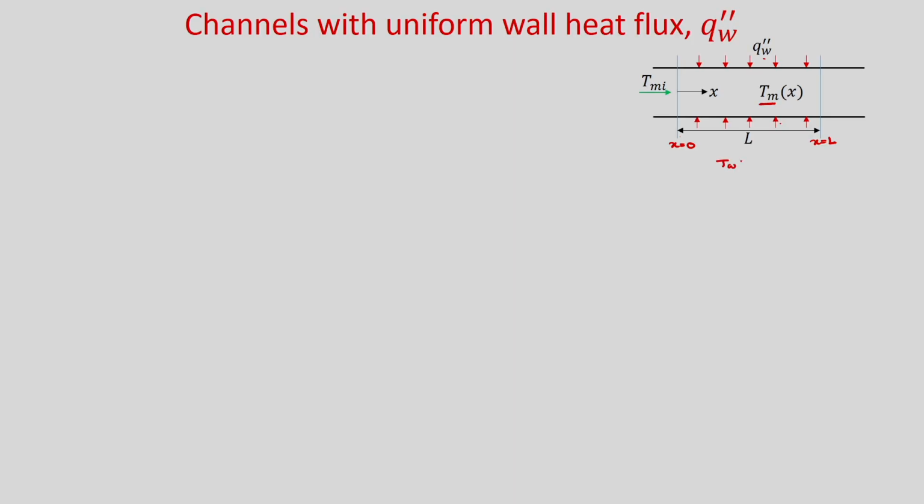So, Tw will be a function of x. Here you can see, as heat is added on the surface, the fluid flowing in the channel will take the heat from the wall.